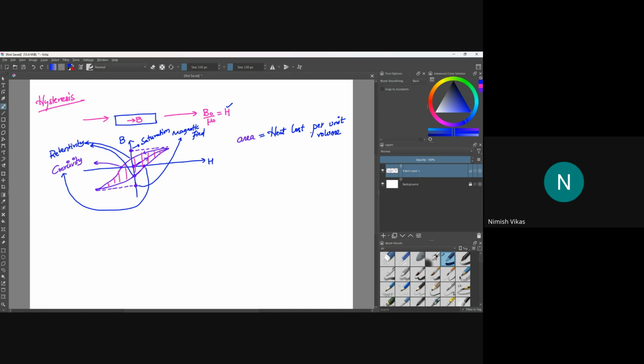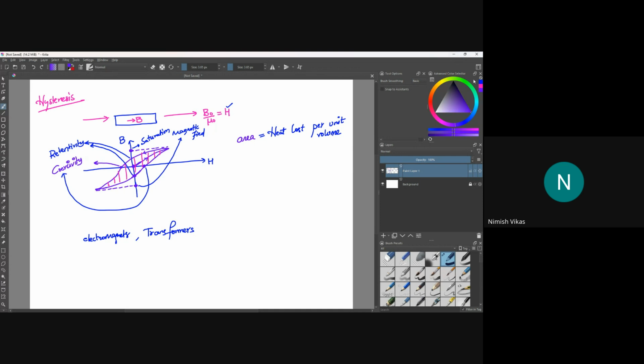So if you don't want to produce a lot of heat, then better choose a material whose area is very, very less. That's what we do in electromagnets and transformers. In these devices, we keep changing the direction of magnetic field inside the material by changing the direction of current.